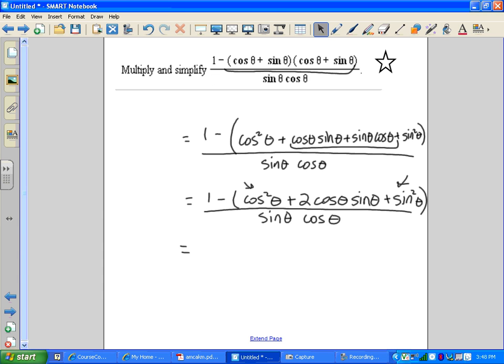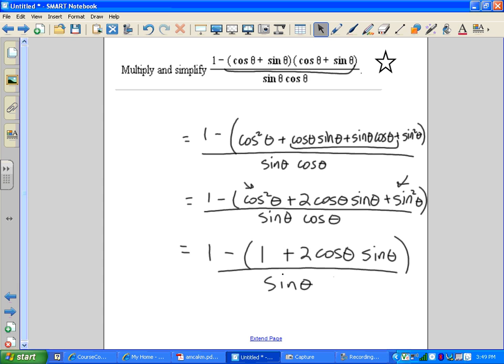So now, if I simplify that, I have 1 minus 1 plus 2 cosine theta sine theta over sine theta cosine theta. Now let me distribute that negative sign. Notice that's why I was bringing those parentheses down, so I could do that.